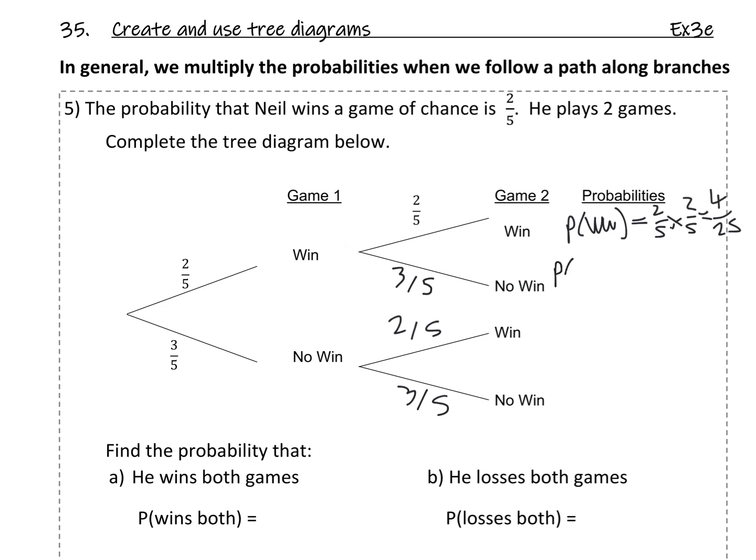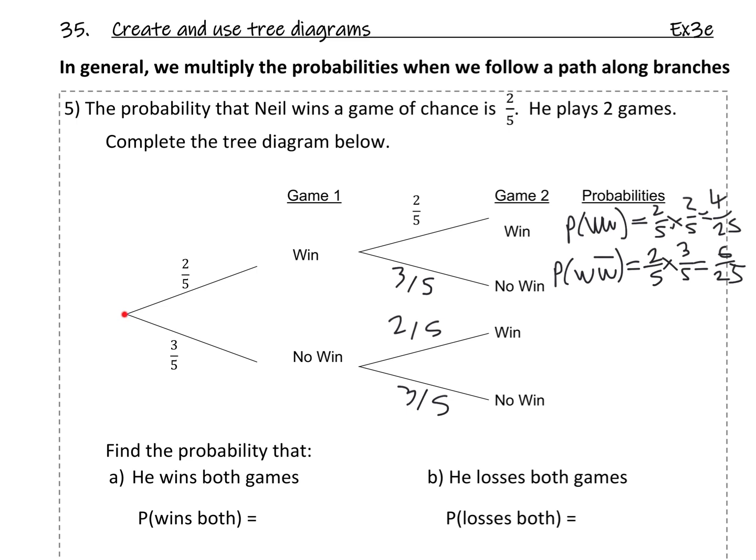So that would be the probability of winning, and then losing or not winning, put a line on top of the W to indicate not winning. Win the first game, chances are 2/5. That's this one. And then lose or no win the second game, that will be 3/5. And we multiply the probabilities. 2 times 3 is 6, and 5 times 5 is 25.